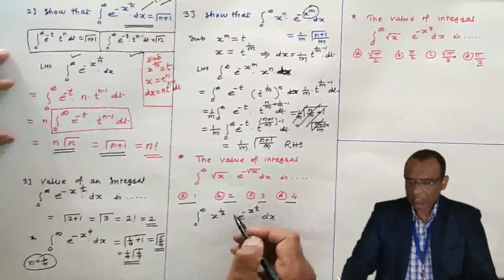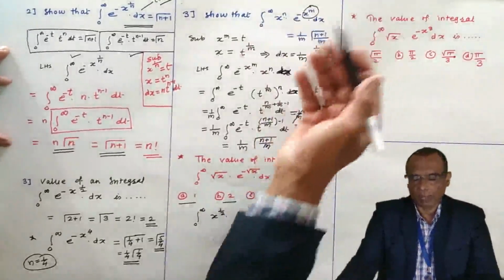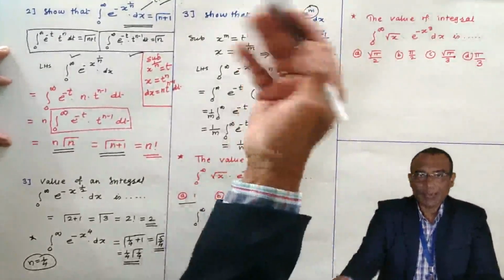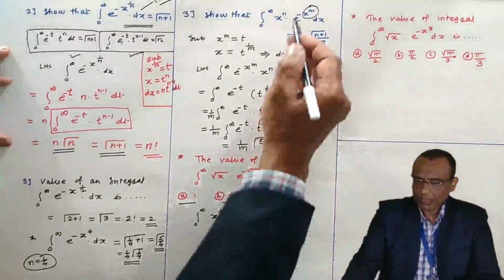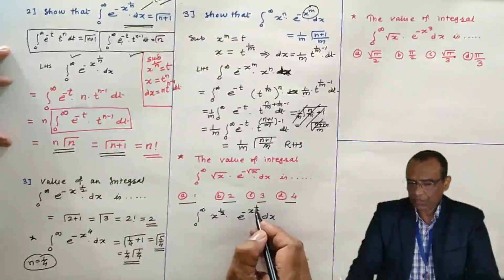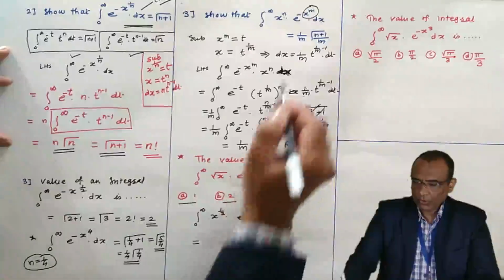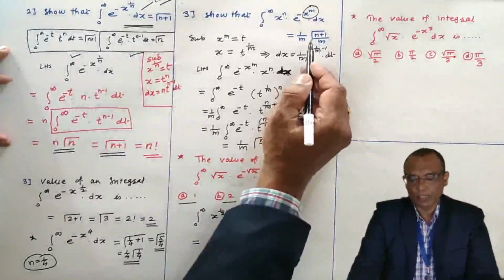Now, if you look at these two integrals, e to the power minus x to the power m, x to the power n here and there. If you look at these two, here n is 1 by 2 and m is 1 by 2 again. Then what am I going to use? I am going to use this formula directly.